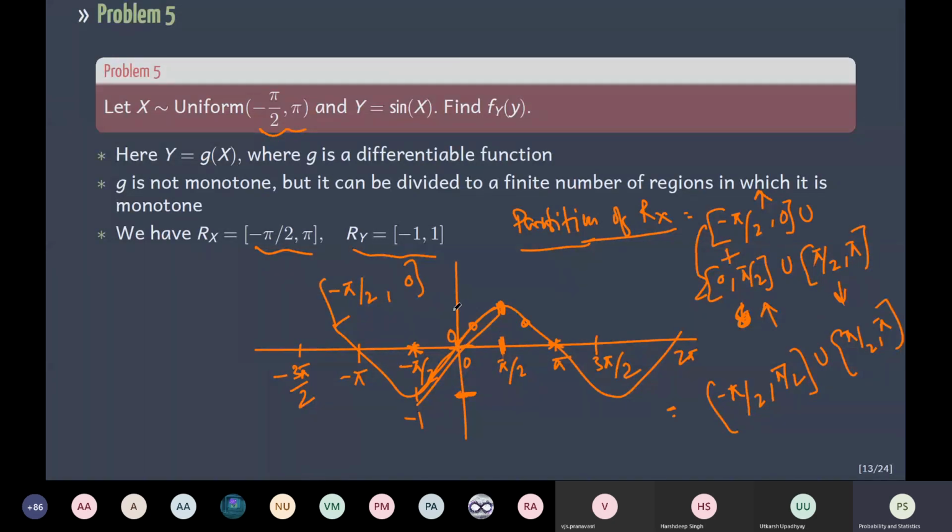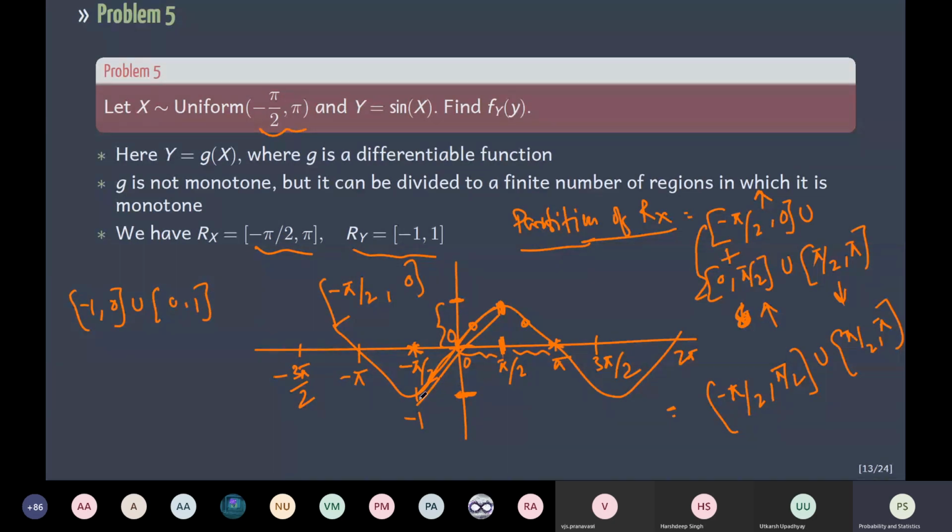And from here to here, this is another y range, and here I need to make it piecewise, so it will be in two parts. So what I am missing from the method of transform is I have to also look into the partition of y. In this case the partition of y is -1 to 0, and then union of 0 and 1.